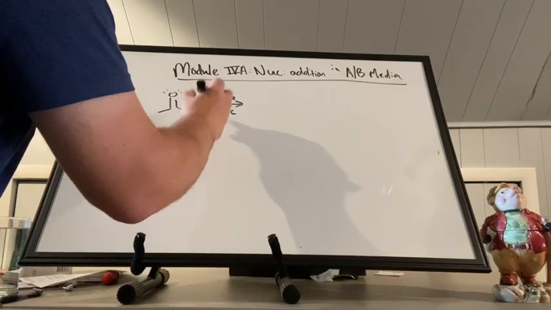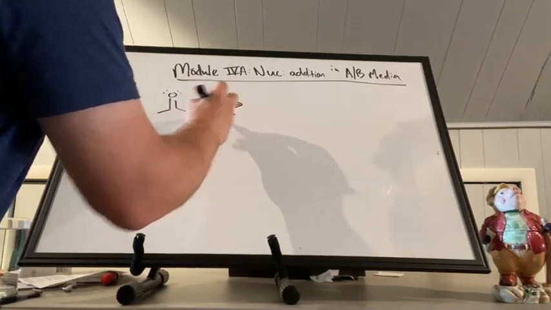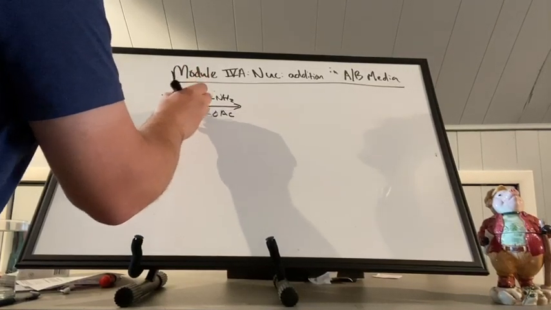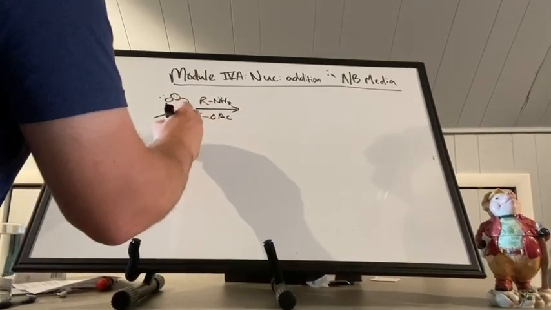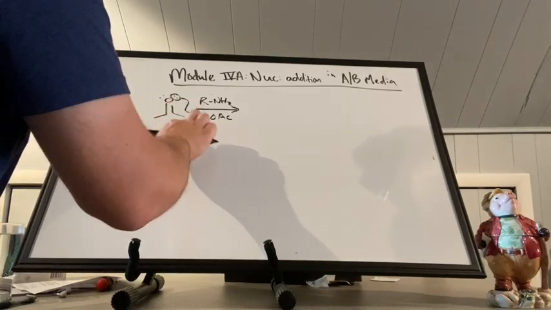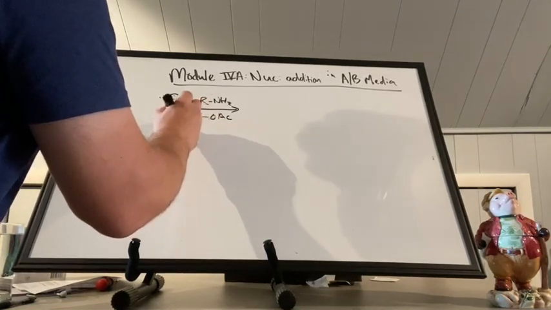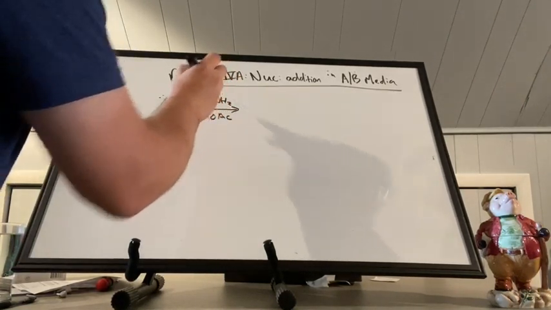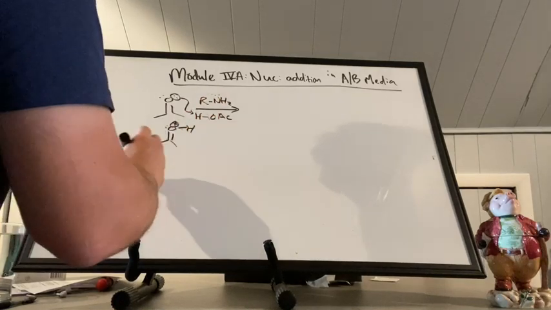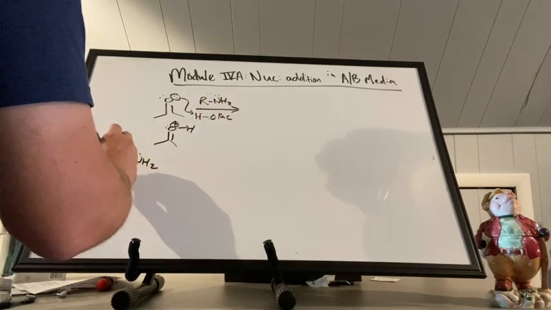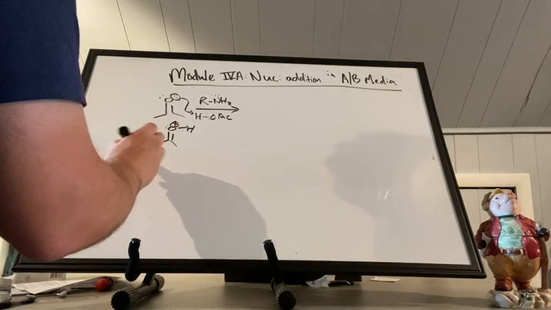So this is shorthand just for acetic acid, so nothing special. Okay. But a small amount of this is going to protonate that ketone. Okay. And then this moderate nuke is going to add itself to that carbonyl.